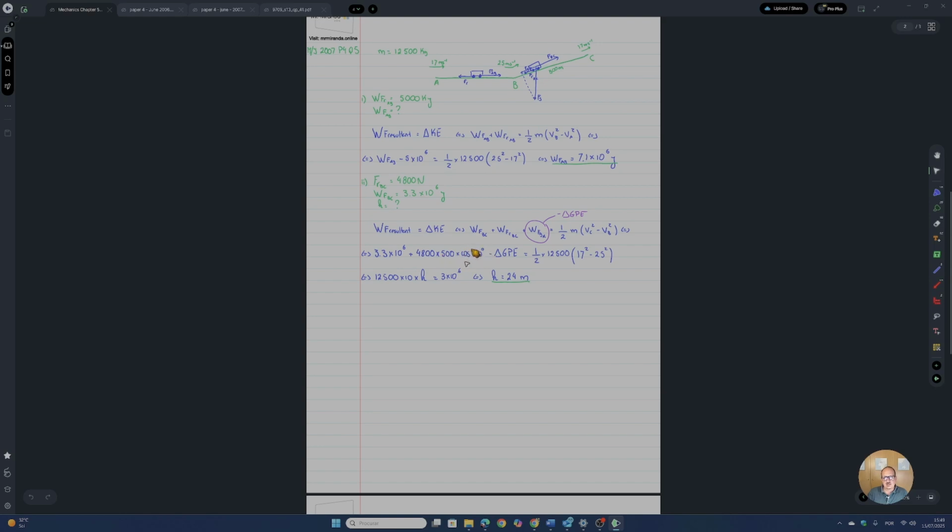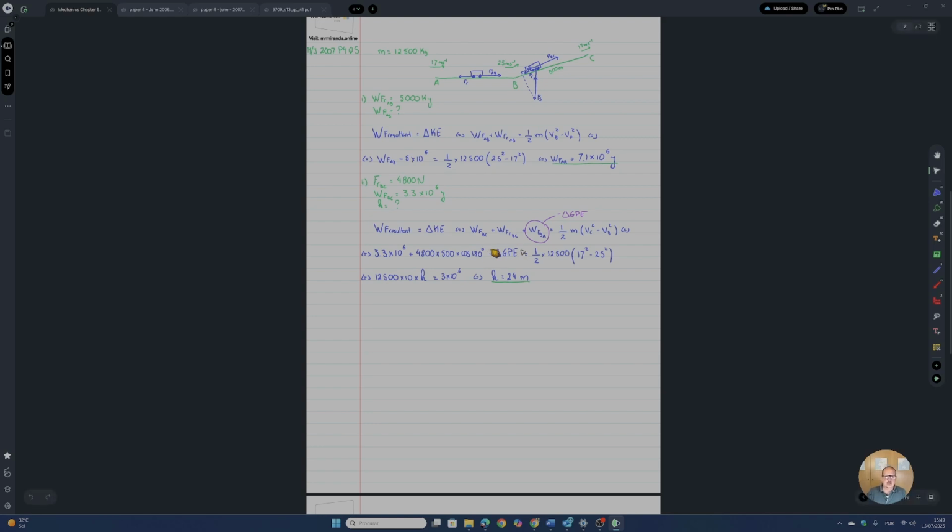And again, the angle is 180 degrees. The object goes that way. The friction has the opposite direction, so it's 180 degrees. So this is going to be -1. And the change in GPE is, did we already calculate that?